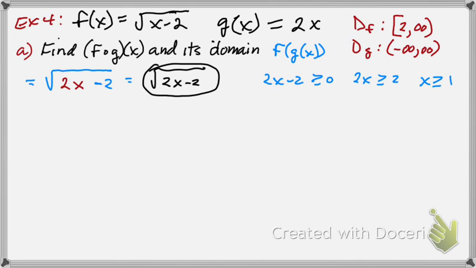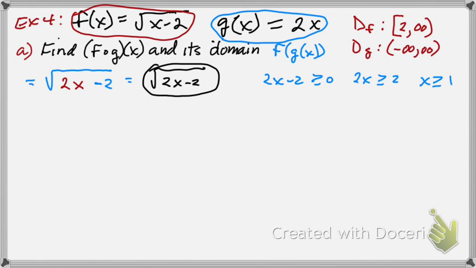So let's check. If I send a 1 into G, up here in the blue circle, what do I get as an output? 2. If I send a 2 to F, over here in the red circle, what do I get? Square root of 0. That's fine. So 1 works.